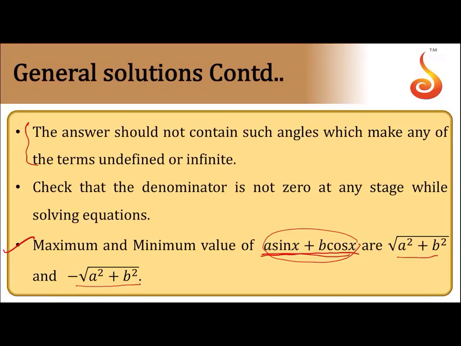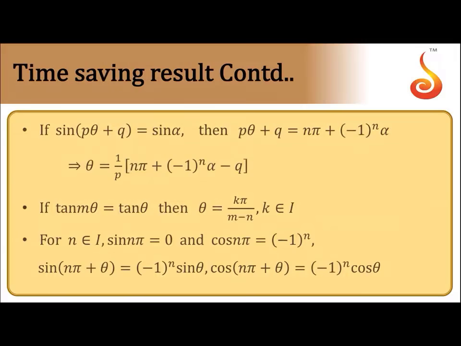That's the reason that the equation a sin x plus b cos x equals c has a solution only when modulus c lies between minus root of a square plus b square and plus root of a square plus b square.